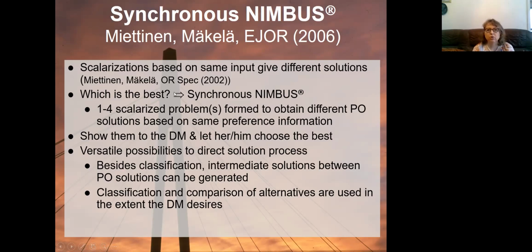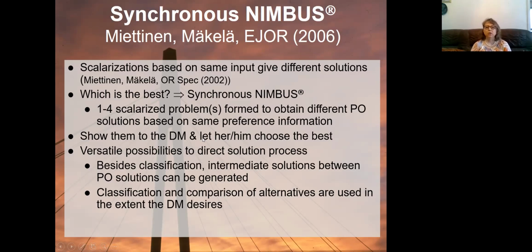So synchronous NIMBUS is the kind of NIMBUS that we typically use nowadays. It provides this opportunity. Of course, if the decision maker wants to only see one solution per each type of preference information, it is still possible.